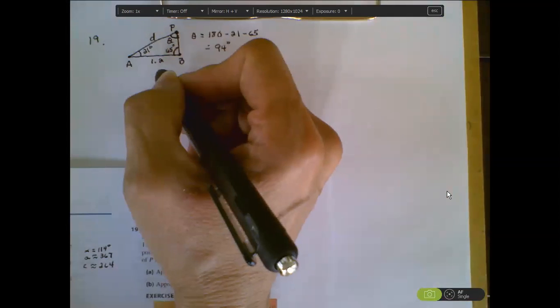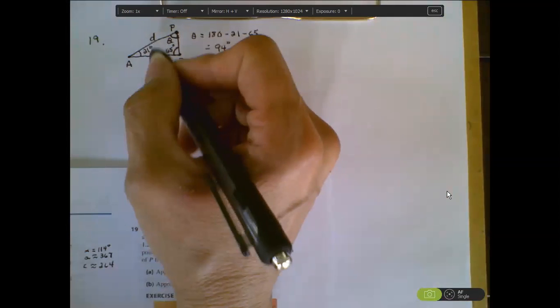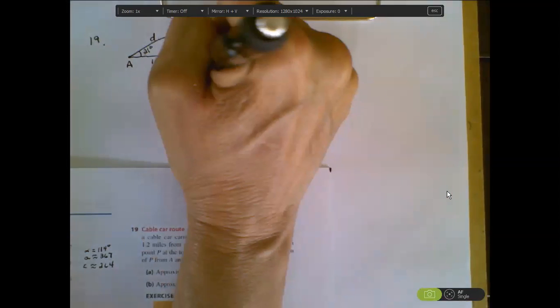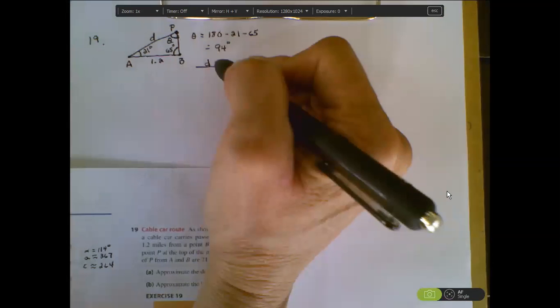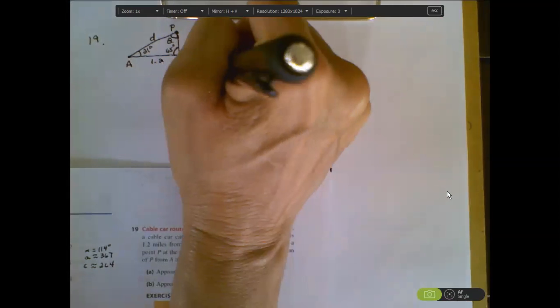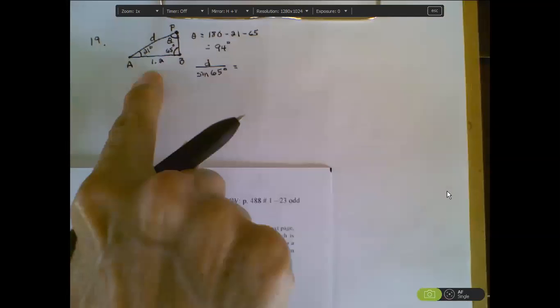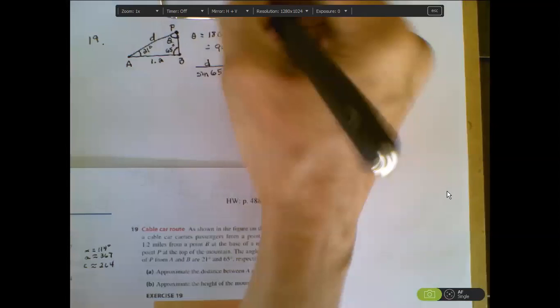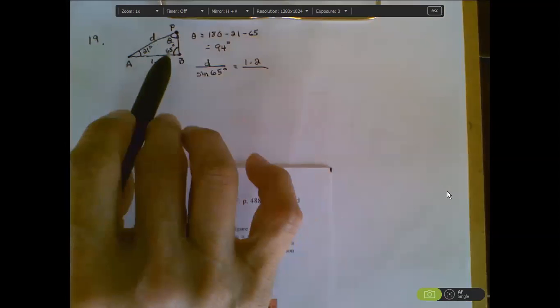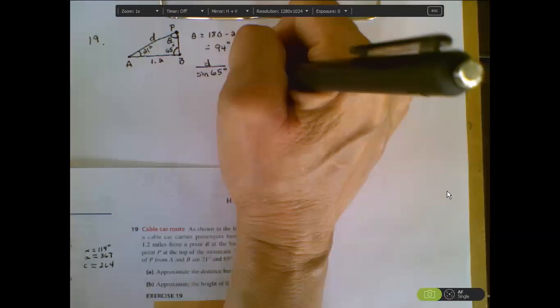Now that I know theta and I know the side opposite theta, I'm ready for the law of sines. And if I'm looking for D, then I need to say sides in the numerator. I don't have to do it, but it makes solving the equation easier if I put what I'm looking for in the numerator, sine of the angle opposite it, has to be the other side that I'm given, and sine of the angle opposite it.